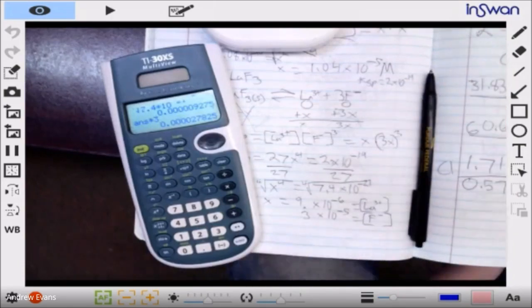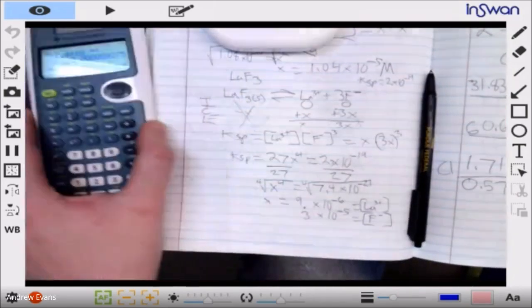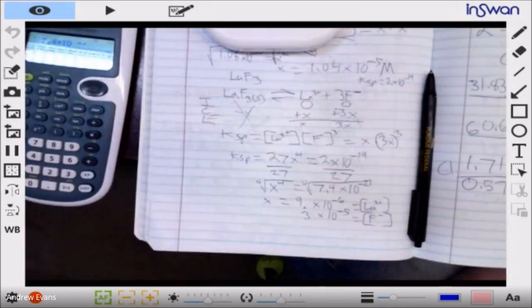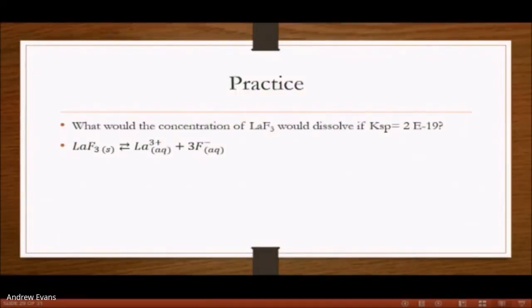As I said, that one is the hardest thing I could throw at you, and I'm not going to be throwing anything that hard at you on some test. But pretty much all KSP problems are essentially the same. They can fit into one of three categories: a 1-to-1 ratio, a 1-to-2 ratio, or a 1-to-3 ratio.